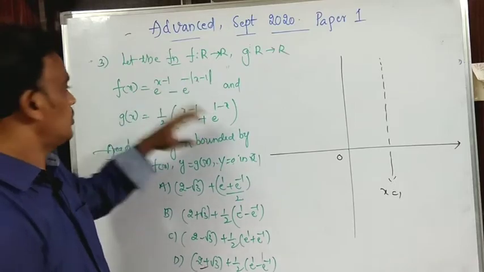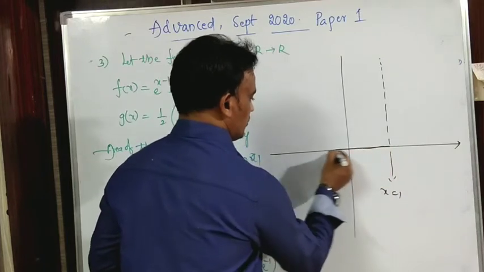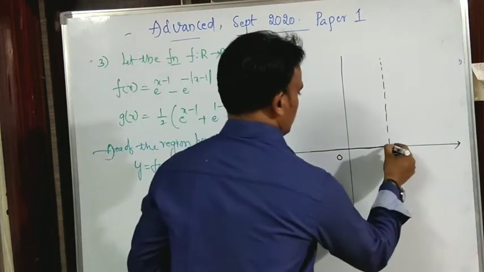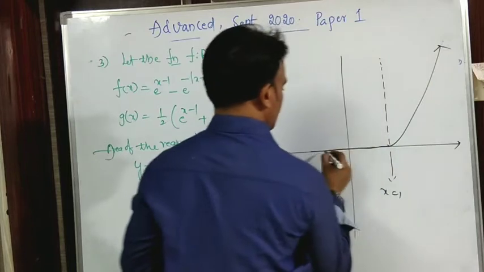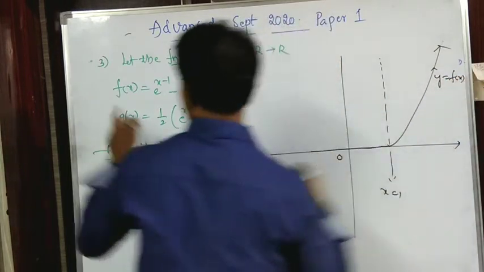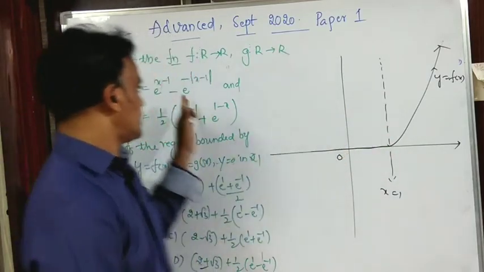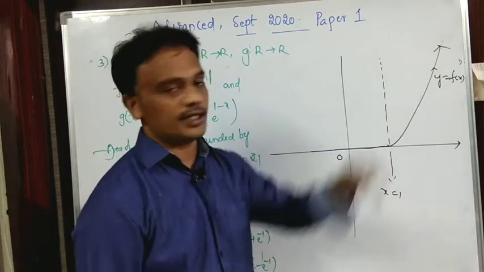Am I right or not? So the terms get cancelled, and when x less than 1, it is completely 0. And when x greater than 1, it goes like this. This is your y equals f of x. That is the first graph.